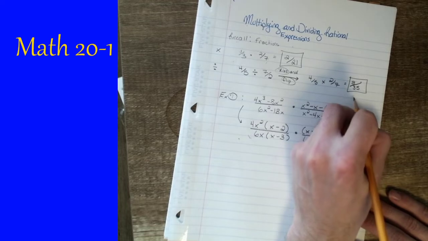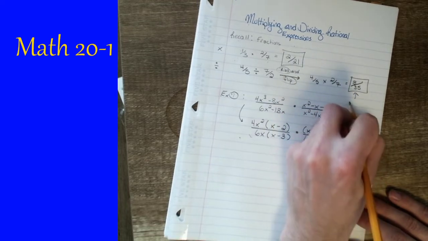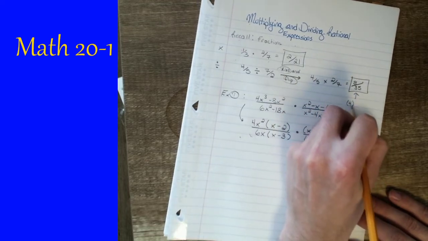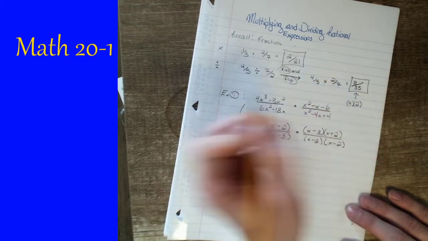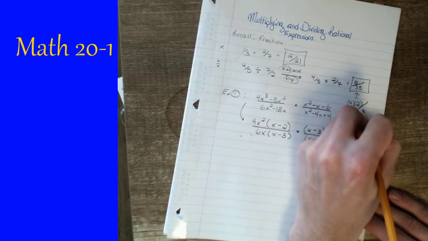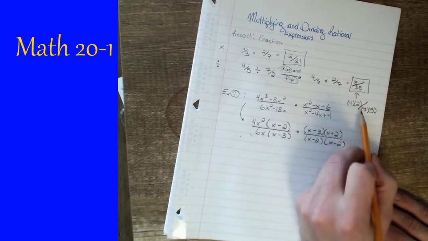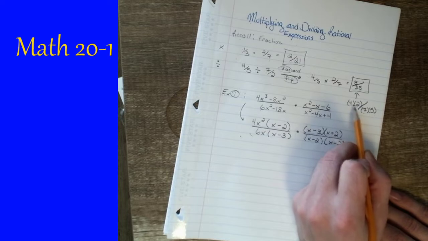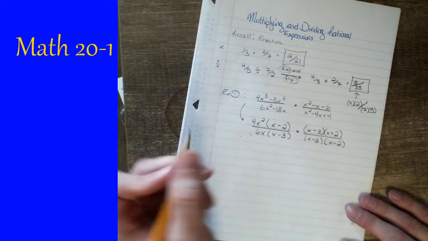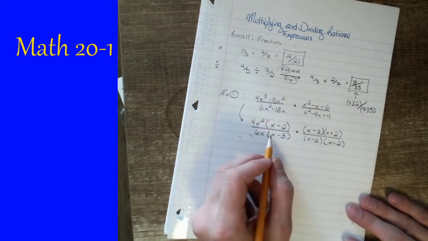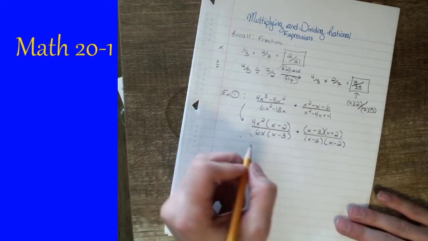But we could easily write this fraction here as 4 times 2 divided by 7 times 5, and just keep those factors on the top and the bottom respectively. So that's kind of what we do with multiplying and dividing rational expressions.